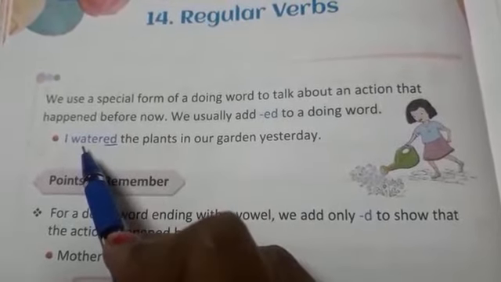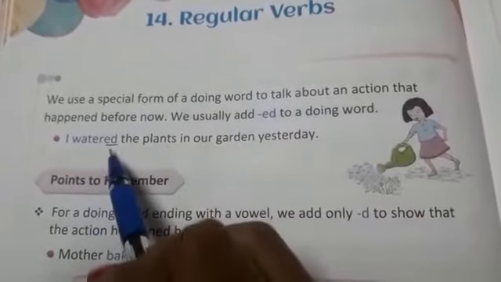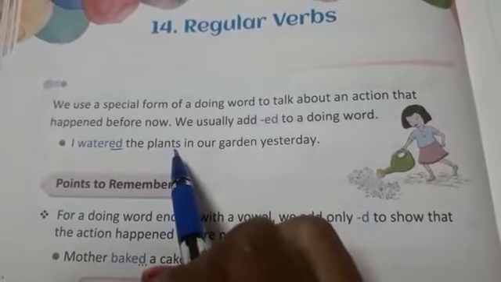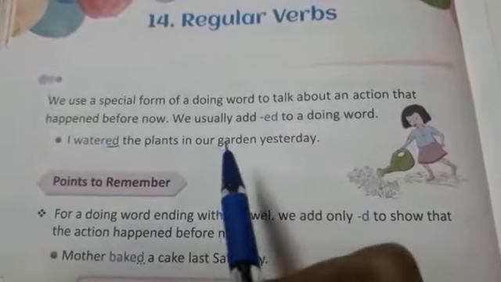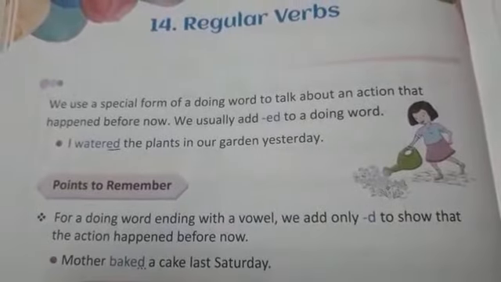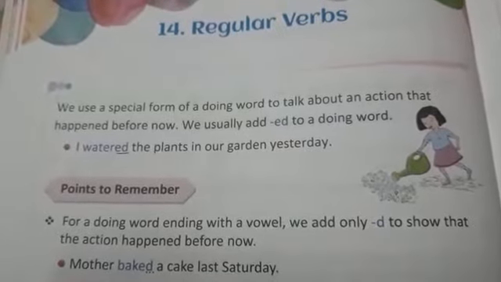In the action word they add ed, and this action already happened yesterday. That means in the past. So, understood, students, how you can add ed to the action word?